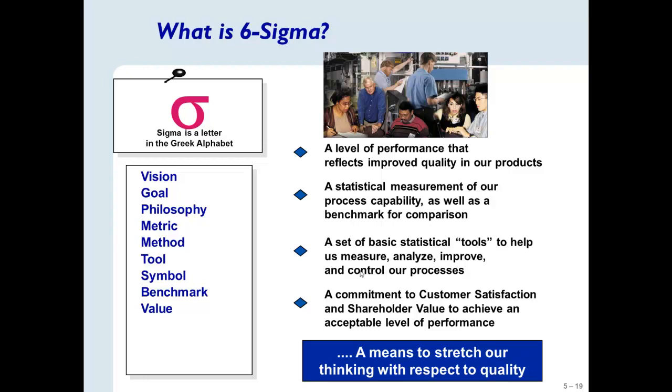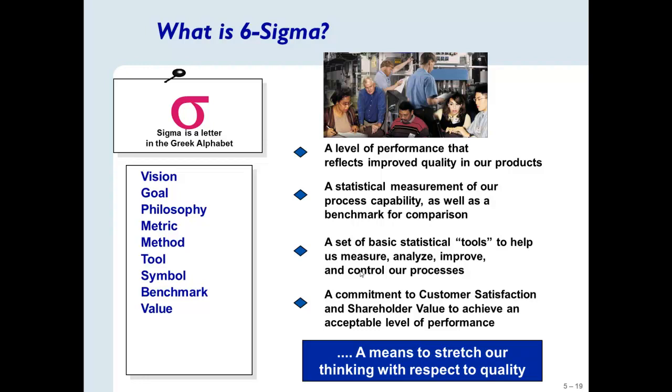Six Sigma means a level of performance that reflects improved quality in our products. Six Sigma provides a statistical measurement for our process capability as well as a benchmark for comparison.